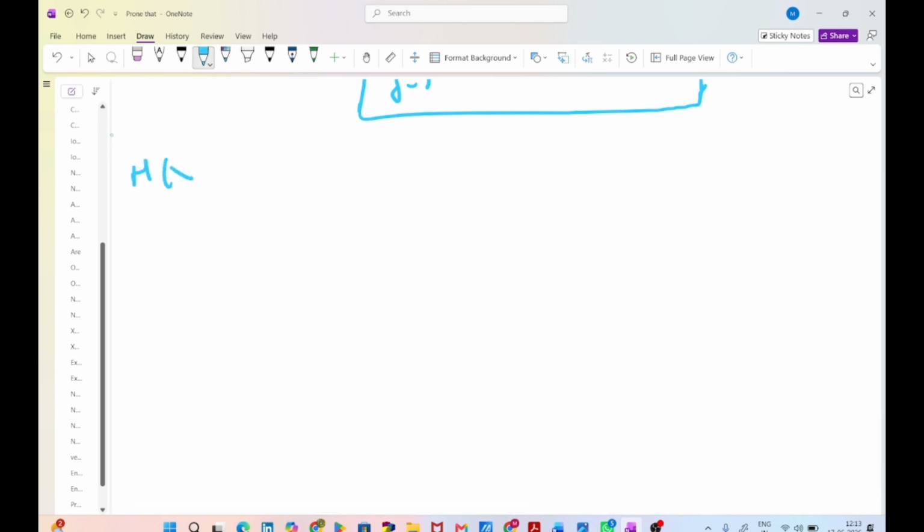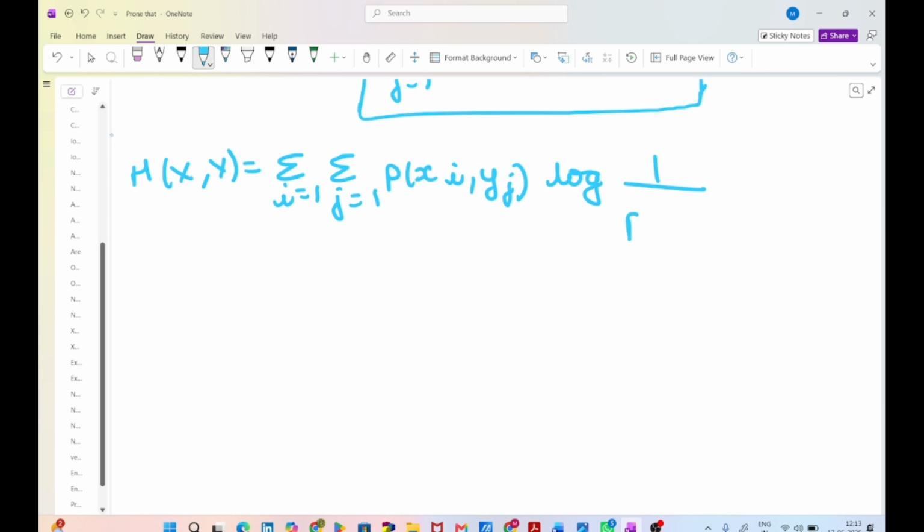H(X,Y) = summation over i, summation over j of p(xi, yj) log of 1 by p(xi, yj).